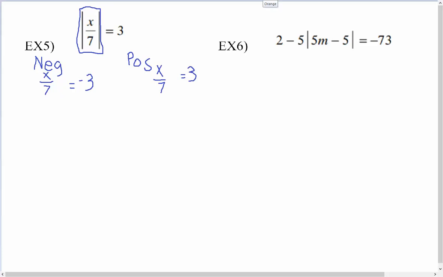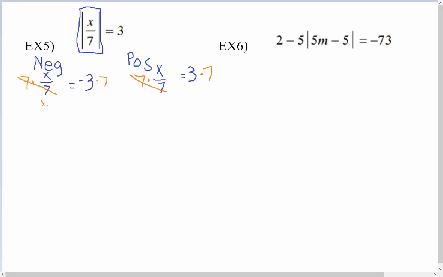So if we do this, now we just solve the equation, and since it's x divided by 7, the opposite of division is multiplication, so we multiply by 7 on both sides. So by multiplying the 7, it cancels out the dividing by 7.